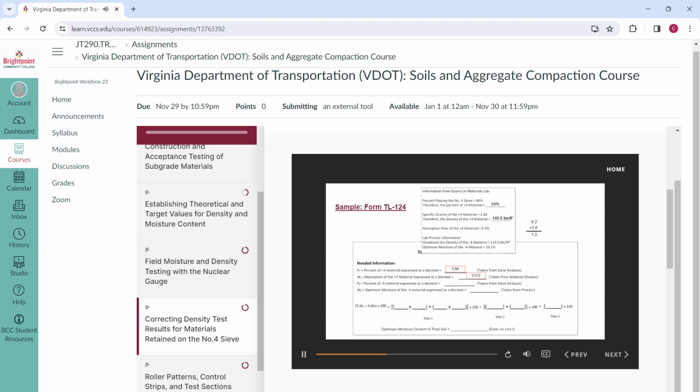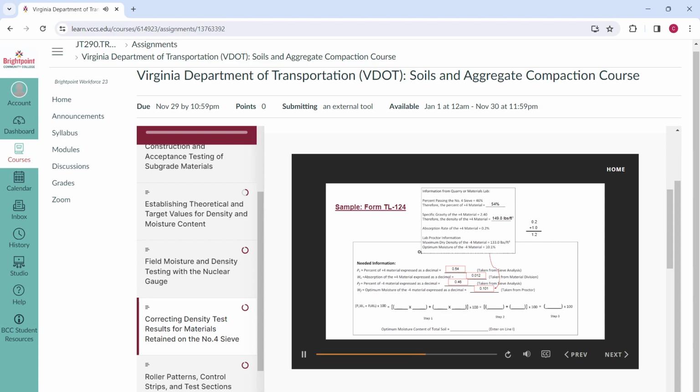This is only done for aggregate. The next piece of information we'll need is our percent of -4 material expressed as a decimal, which again is just our 0.46. Lastly, W sub F is our optimum moisture of our -4 material converted to a decimal. This is our 10.1%, and as a decimal, 0.101.